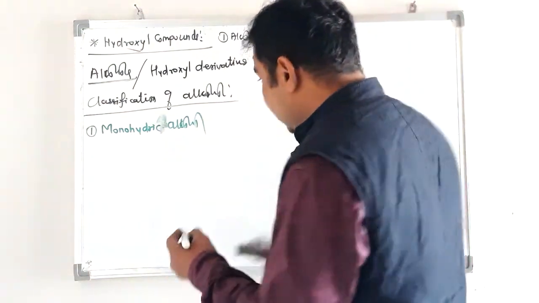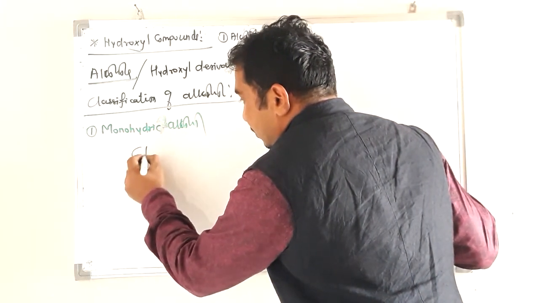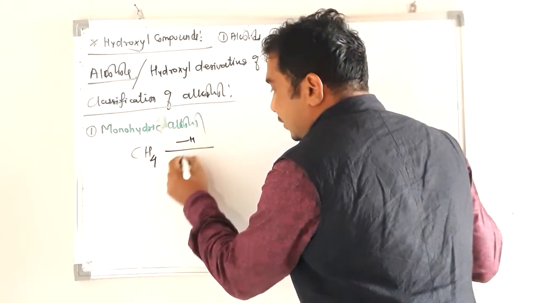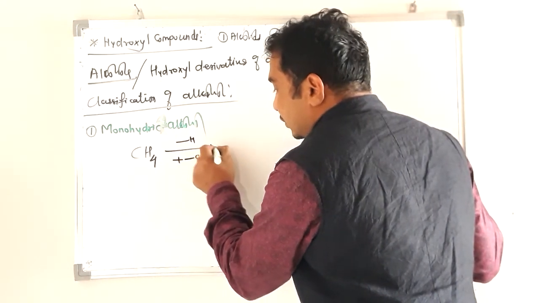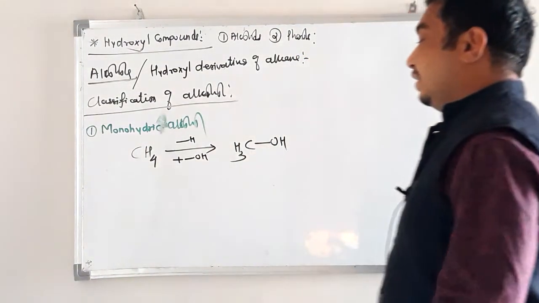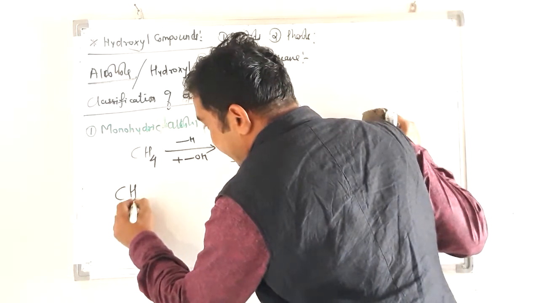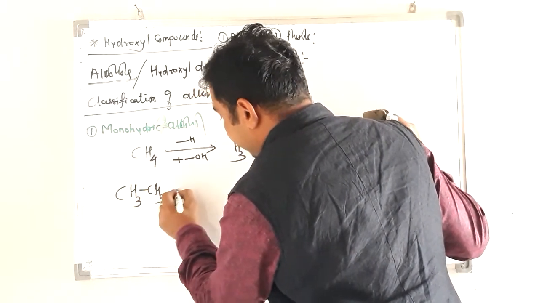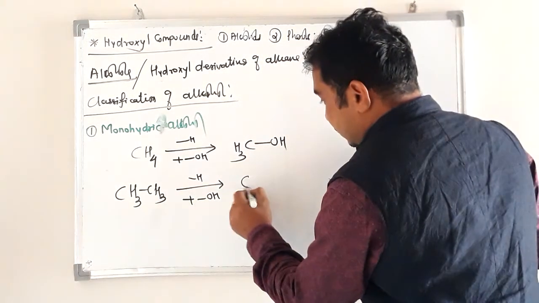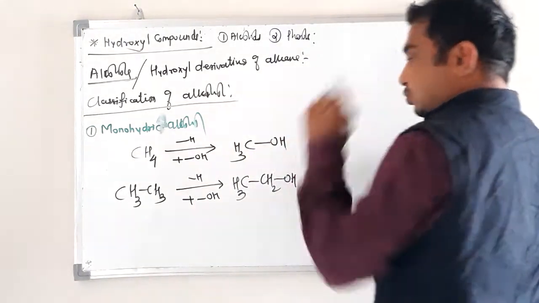See, for example, take alkane, for example methane, remove one hydrogen, attach one OH group, then we get this type of compound, that is the monohydric alcohol, CH3OH. Take ethane, remove one hydrogen and attach one OH group, then CH3CH2OH, and so on.